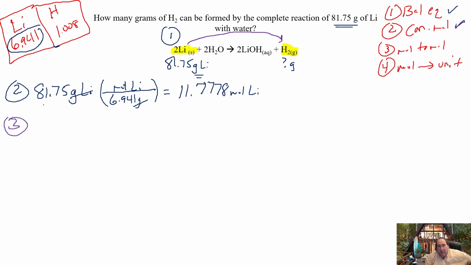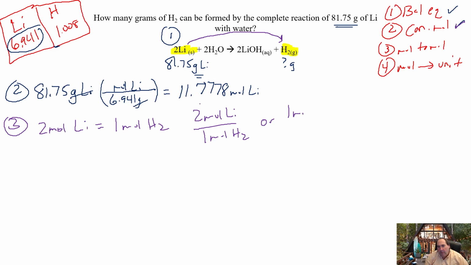So we find from the equation, again, just the coefficients there, that for every 2 moles of lithium, we're going to get out 1 mole of hydrogen. Once again, that's going to give us the same conversion factors we used on the previous part of the problem. 2 moles of lithium over 1 mole of H2, or 1 mole of H2 over 2 moles of lithium in this case.